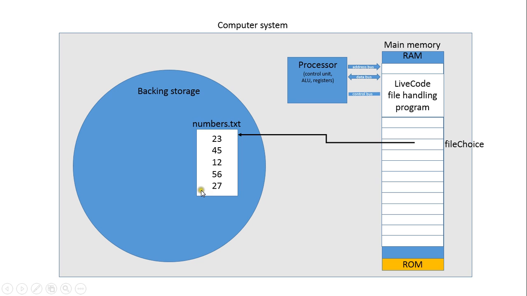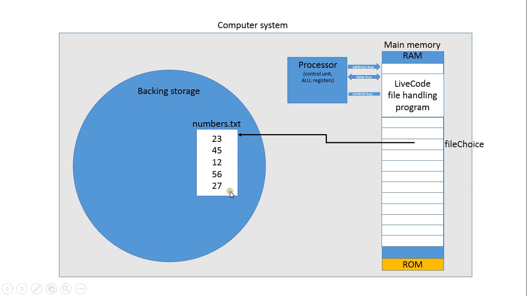I've just set up some numbers separated by the return character, and I stored it as plain text, so it's the file extension .txt. Now when I make that connection, what I'm essentially doing is giving the address of this file as the value of this variable. So I assign that variable to be pointing at or addressing this file on backing storage.